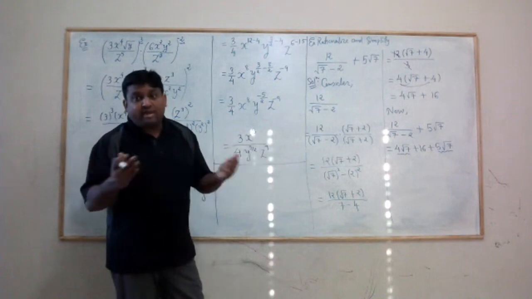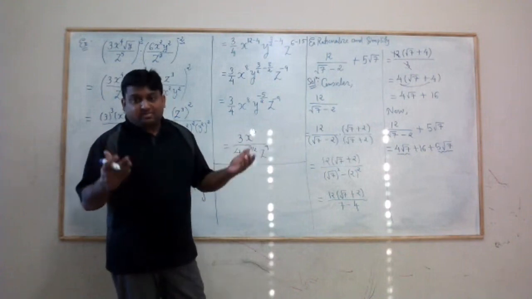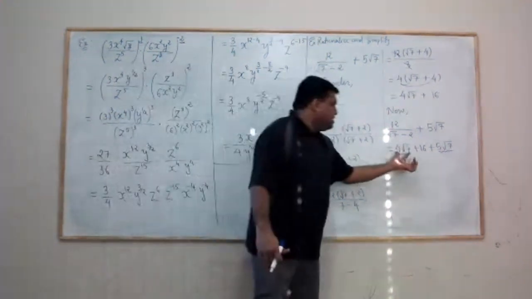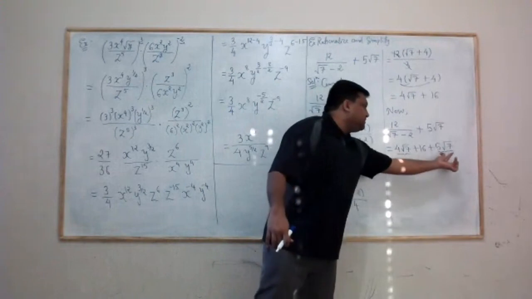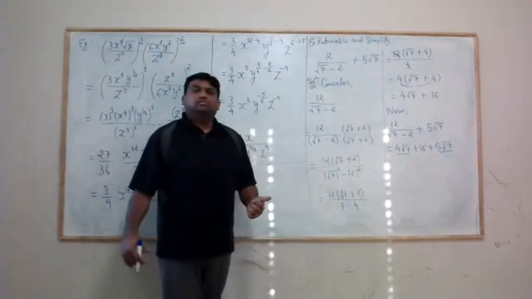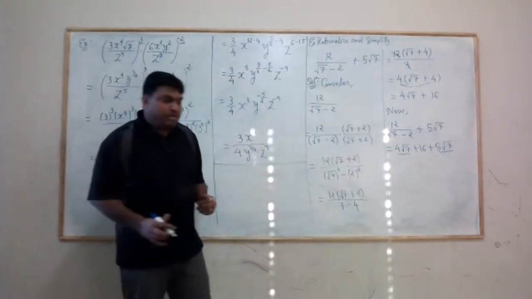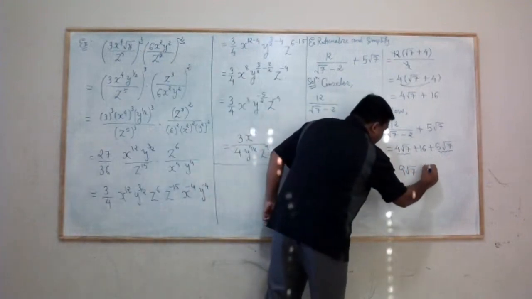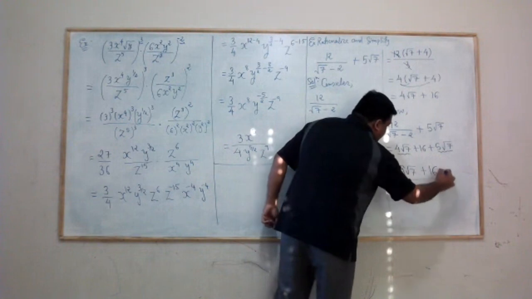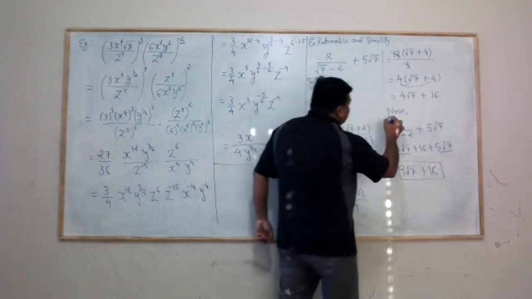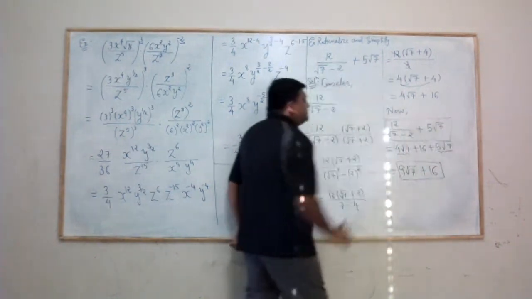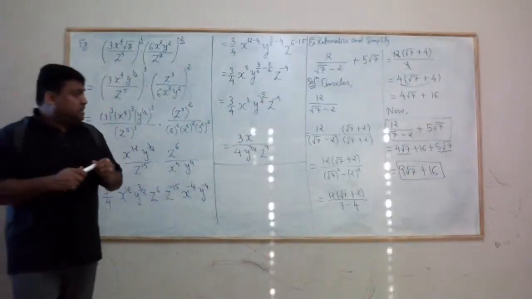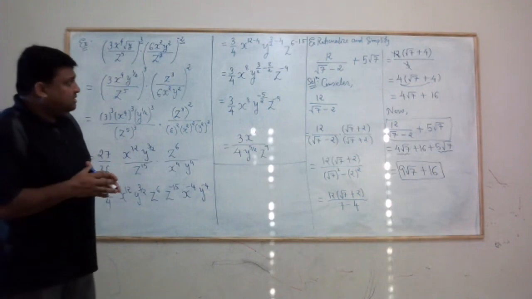We add them in a normal way, how we add 4 and 5, right? 4x plus 5x is 9x. For the same reason, 4 copies of square root 7 plus 5 copies of square root 7 make it 9 copies of square root 7. So I get 9 square root 7 plus 16. All right, so this is the number representing this expression. We obtained this by using the rationalization technique.